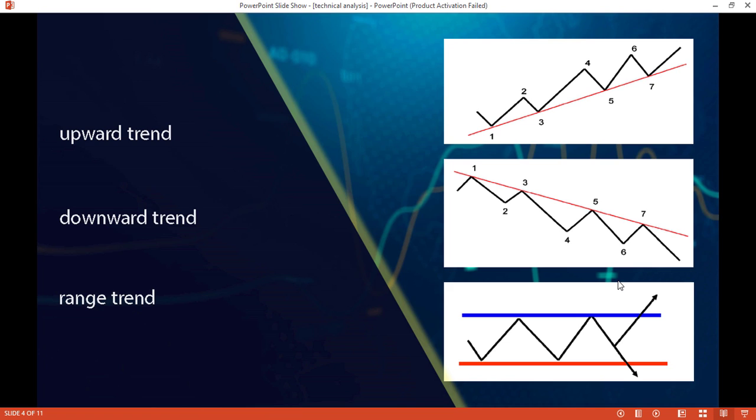And one of the good ways to trade is to wait for trend line breaks.